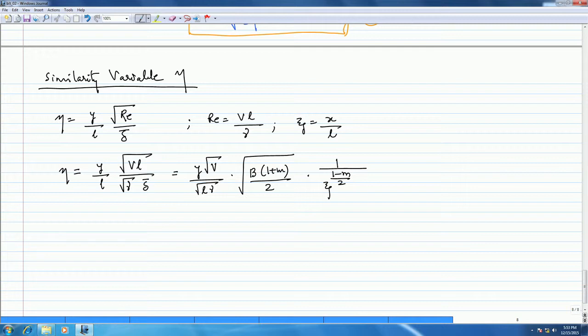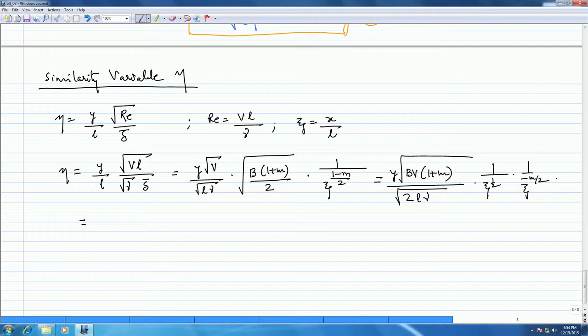Okay, you've got that. So I hope that's clear. Then this is equal to y, and I put all this inside, these two inside, so I get b v times (1 plus m) over 2 L nu, into 1 by zeta to the power half, into 1 by zeta to the power minus m by 2.